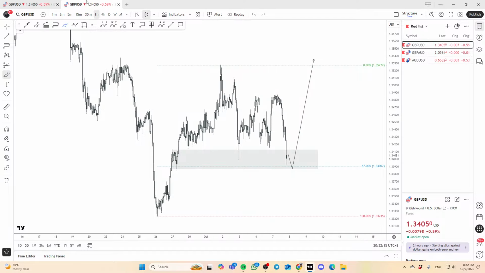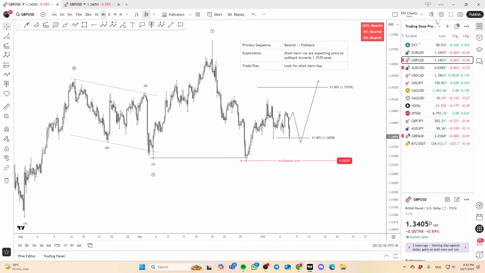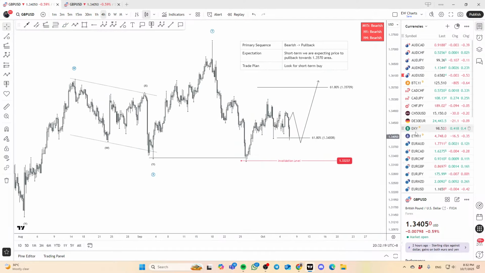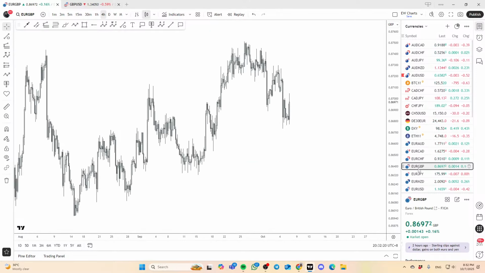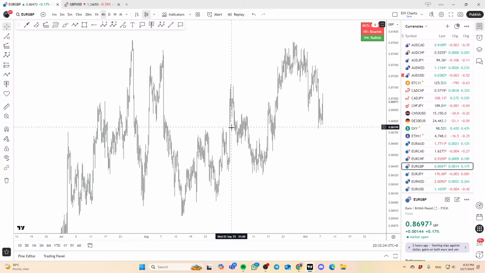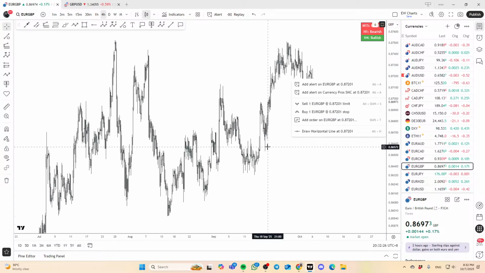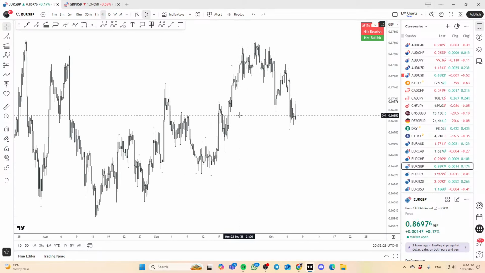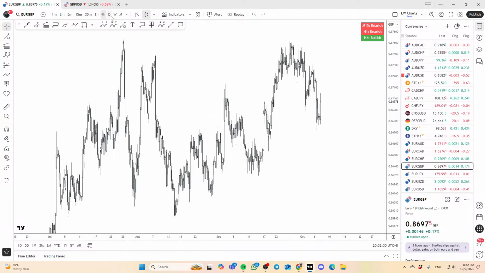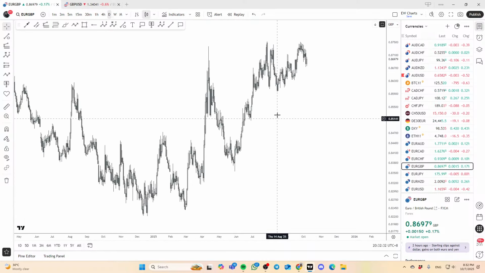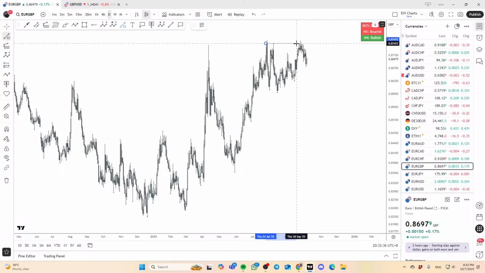Okay, one last one I see is from Dio about Euro Pound. Okay, probably not the cleanest of all. Yeah, this will probably need a little bit of a zoom out take because on the lower time frame it's not one of the cleaner ones. But I would say you can see this is a very, very similar pattern, structure development, right?